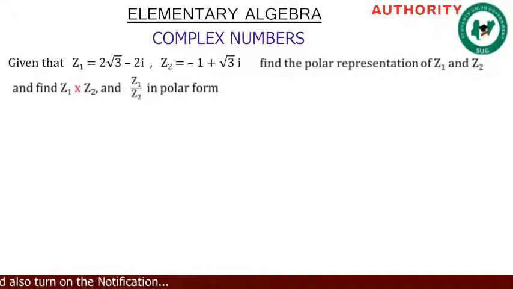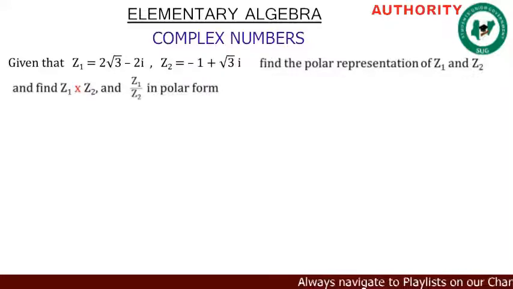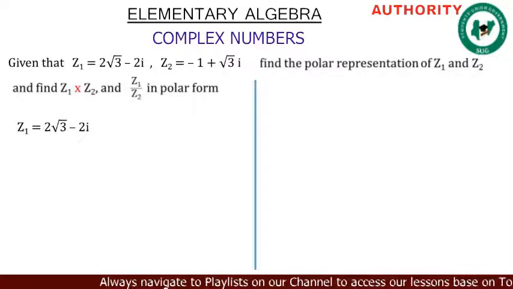So we are asked to obtain the polar representation of z1 and z2, also to find z1 times z2 in polar form and z1 all over z2 in polar form also.